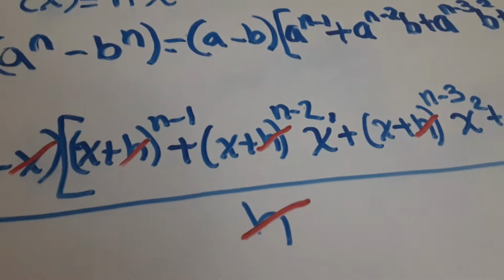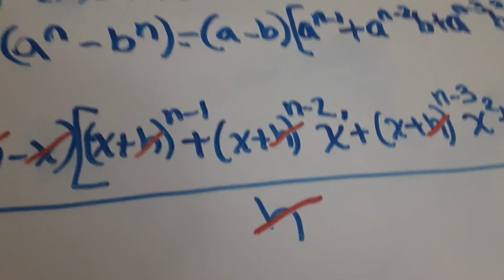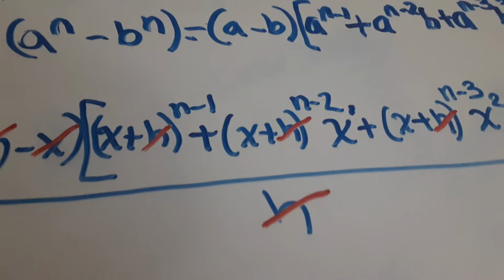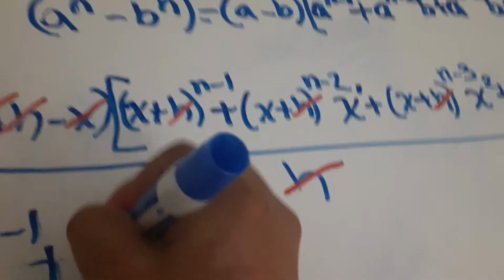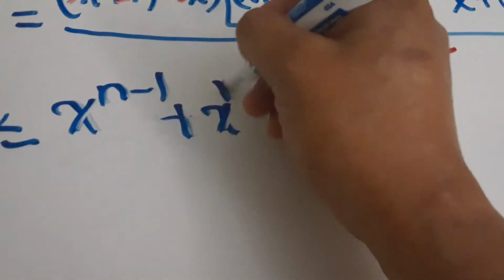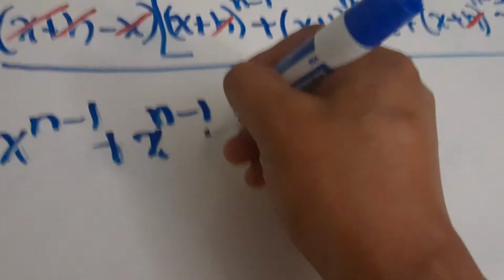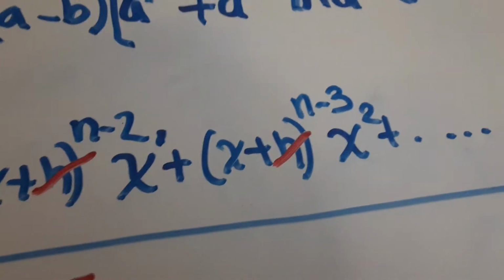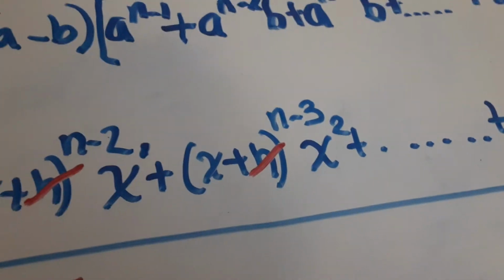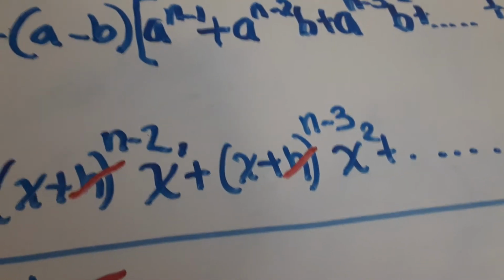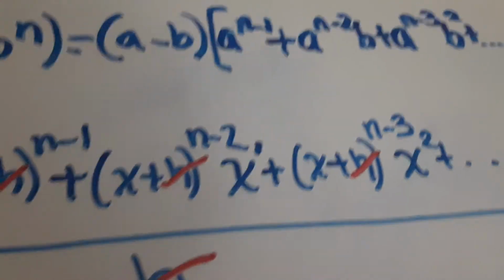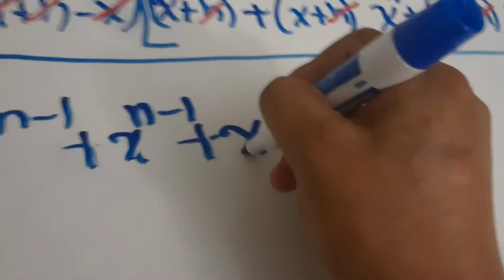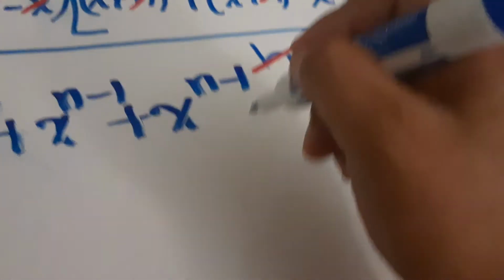So how much is negative 2 plus 1? Negative 2 plus 1 is negative 1. So that will be x to the n minus 1 again, right? So we did that one. Then we have n minus 3 plus 2. How much is negative 3 plus 2? Negative 3 plus 2 is negative 1. So that will be x to the n minus 1 again, right?